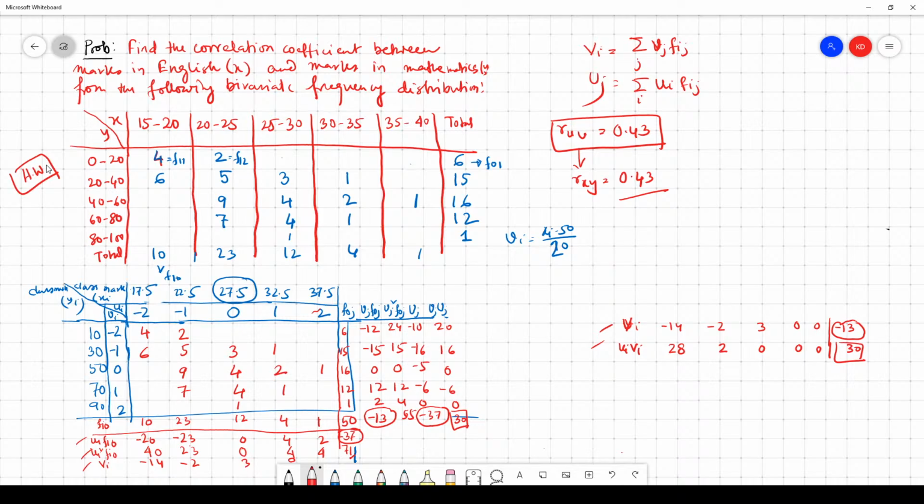This is the last portion which I'm going to discuss in today's class. After this discussion, I end this class. In the next day, we will discuss regression analysis. So please tell me, have you any queries?